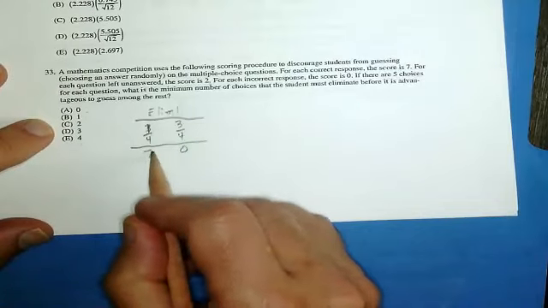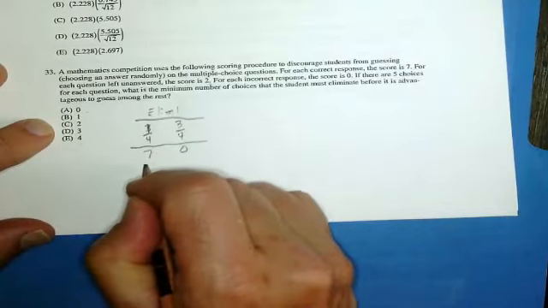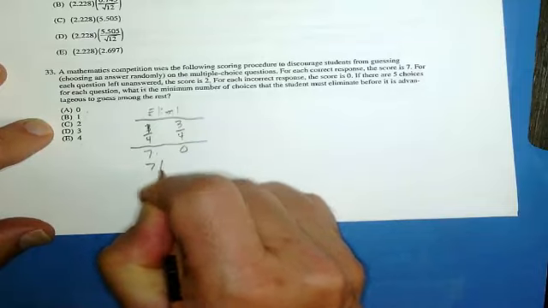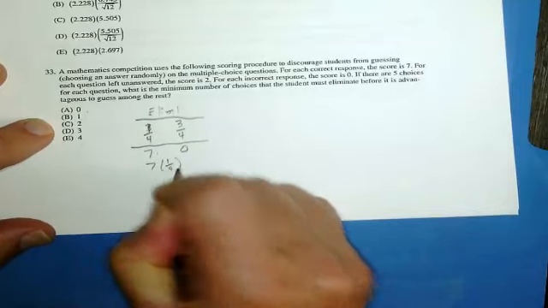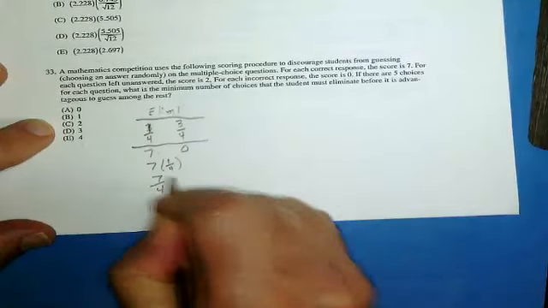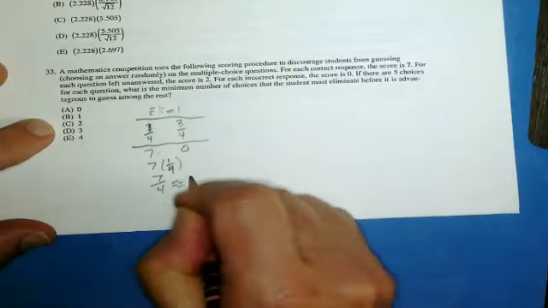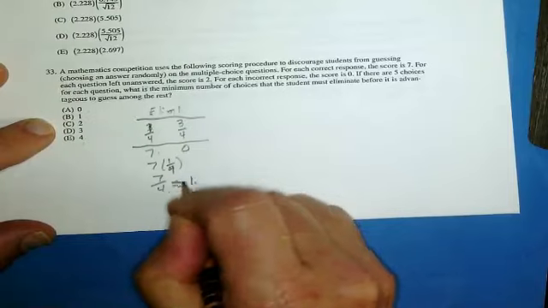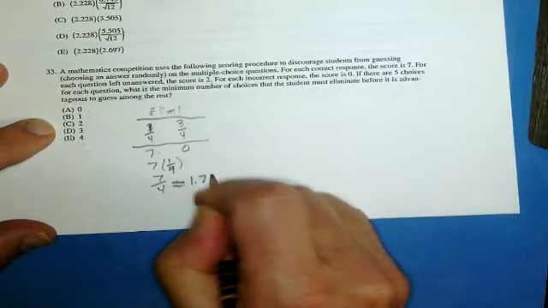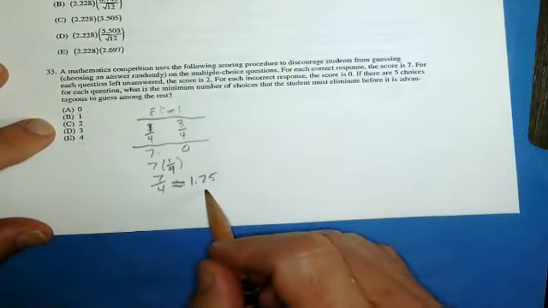So the expected value of this is 7 times 1/4, which is 7/4, exactly 1 3/4 or 1.75. That's not greater than 2.